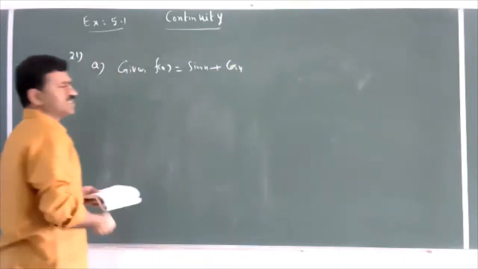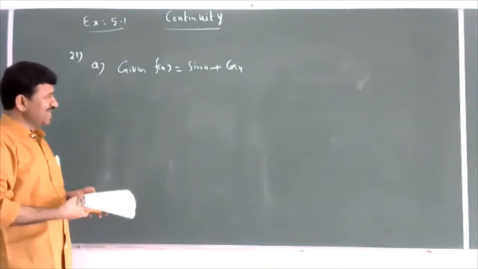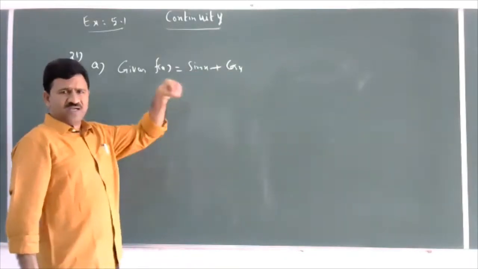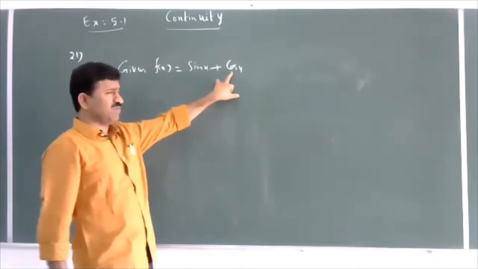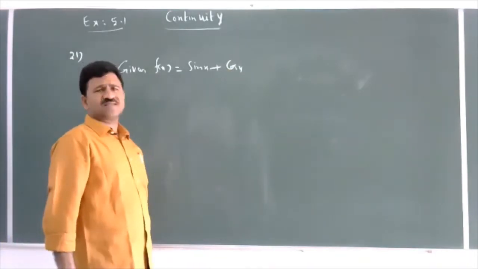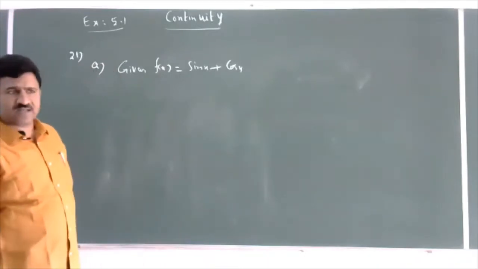How is this function? Sum of two functions. We know sin x domain is R, it's continuous in R. Cos x domain is R, it is continuous on R. So sin x plus cos x is continuous on R. That is the answer.